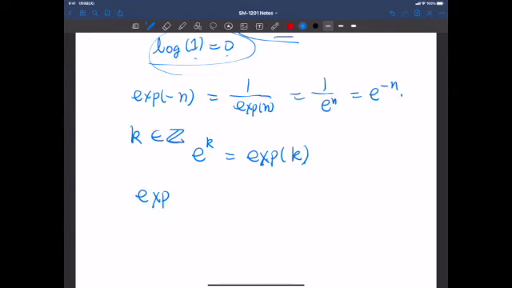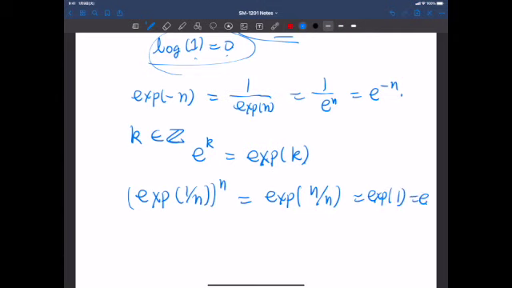And furthermore, this exp of 1 over n is real and it's a positive number. And if we take the power of this, then this is equal to exp of n over n, which is exp of 1, which is e.